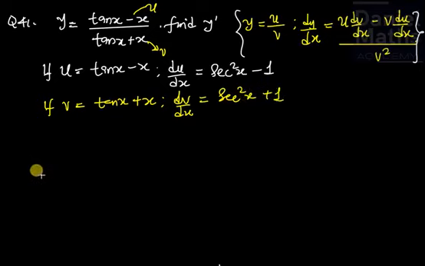Now if we combine everything together and substitute here, we'll have dy over dx is equal to, what's my u?